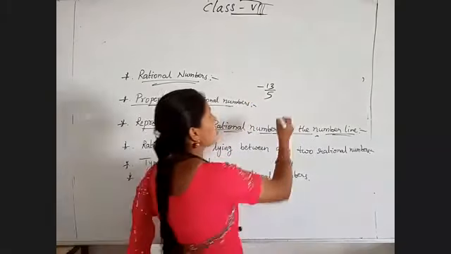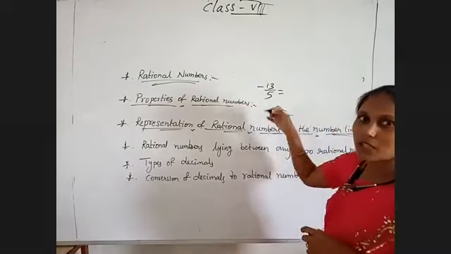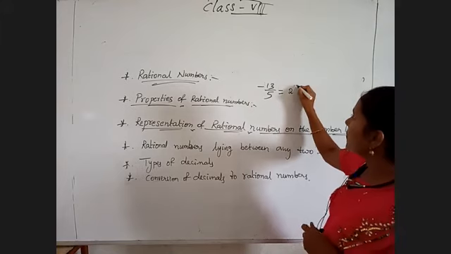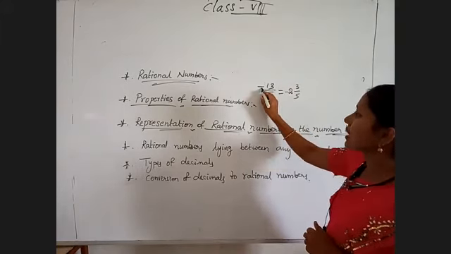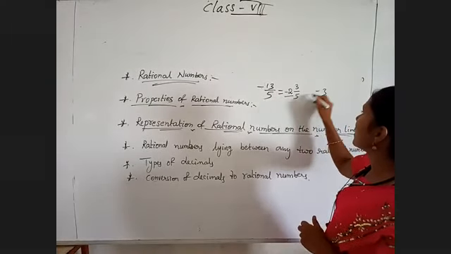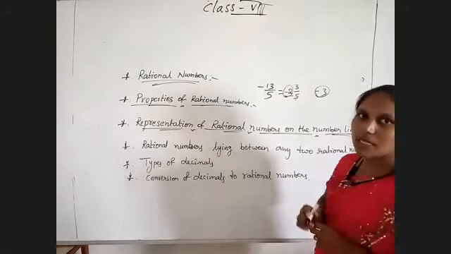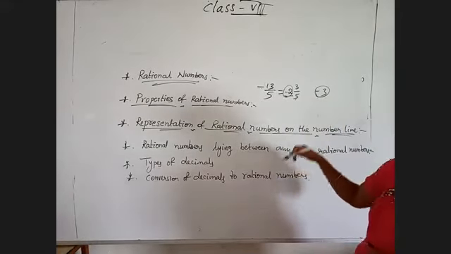To decide that, first we need to convert it into an improper fraction. 5 twos are 10, 10 plus 3, 13. Because of the negative symbol, I am taking negative values. So minus 2 comma minus 3. So minus 13 by 5 lies between minus 2 and minus 3 on the number line.